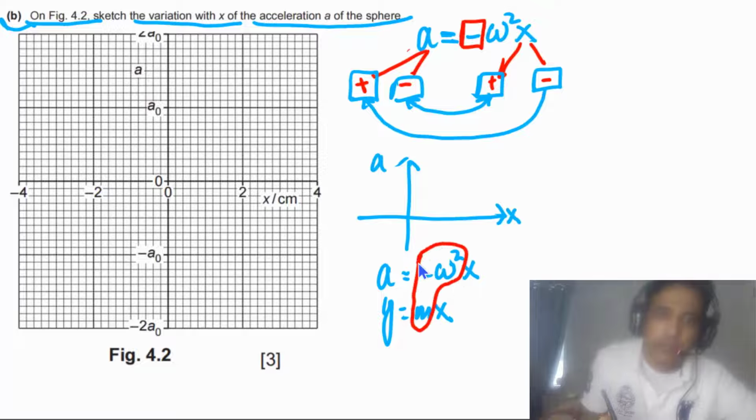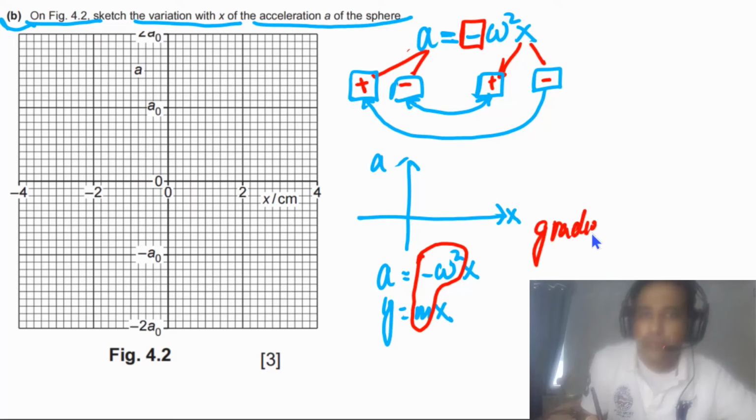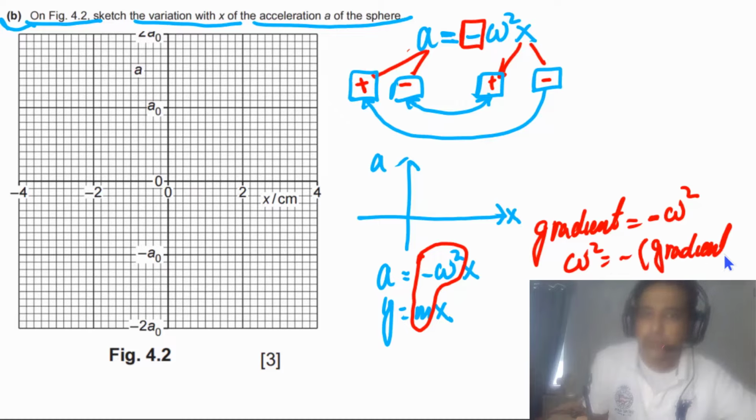So gradient is equal to minus omega square, so the gradient will be negative omega square. From here we can say omega square will be equal to the negative gradient of the a against x graph. So if you need to find omega square, you can find the gradient and then multiply it by negative.